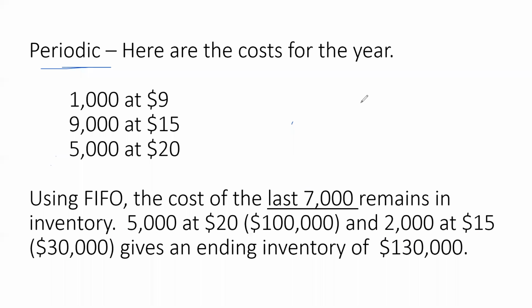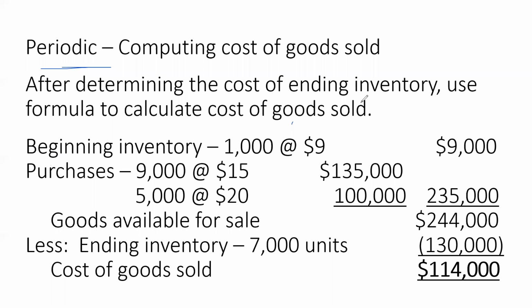The question I had was, what is cost of goods sold? So we're going to take that now, come over here and do cost of goods sold. Remember, I told you the cost of goods sold formula is the beginning inventory right there, and that was 1,000 at $9, plus the purchases they made during the year.